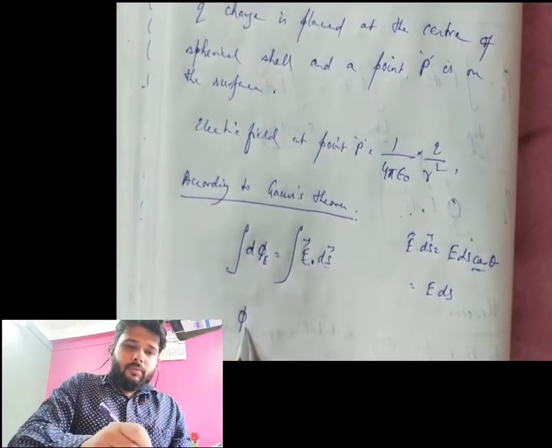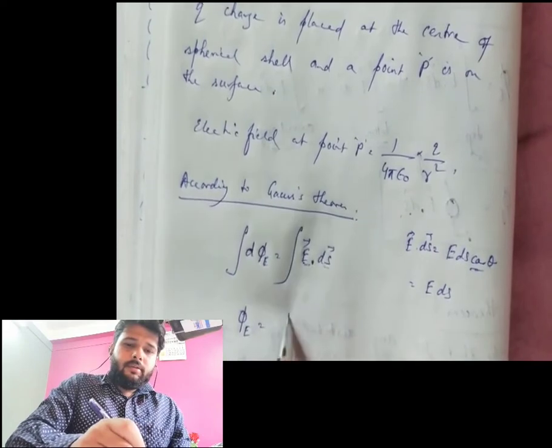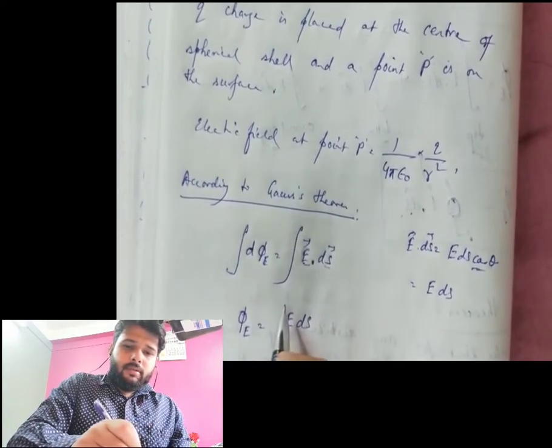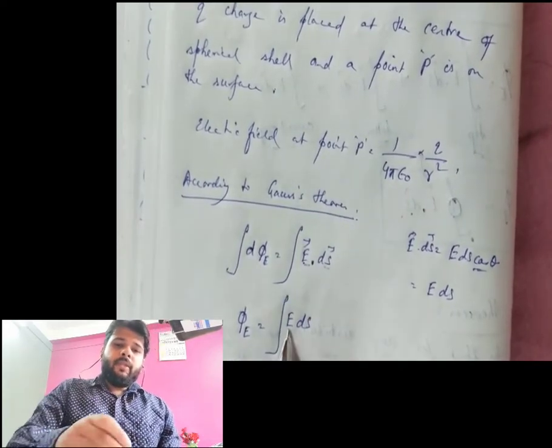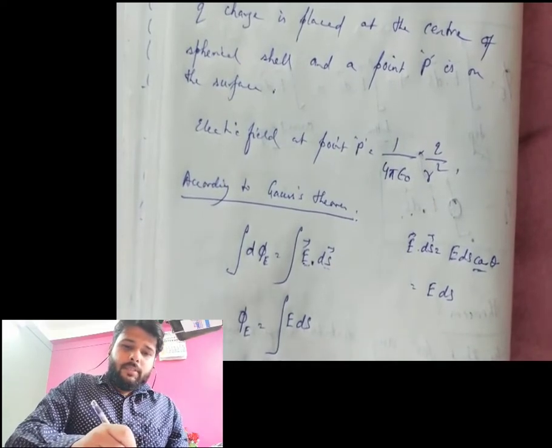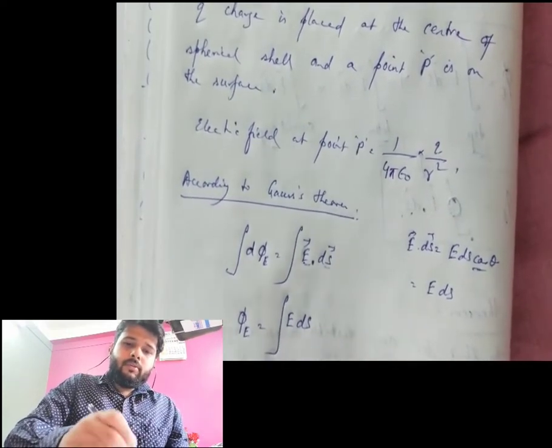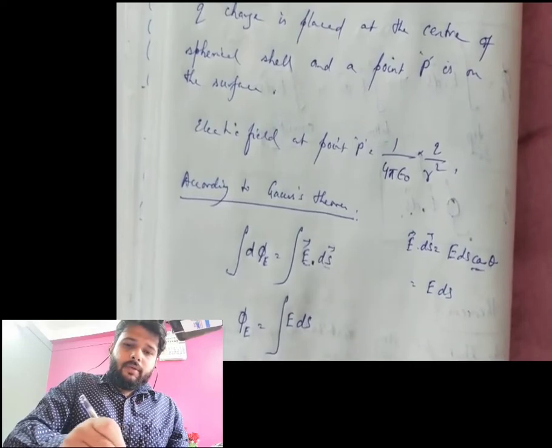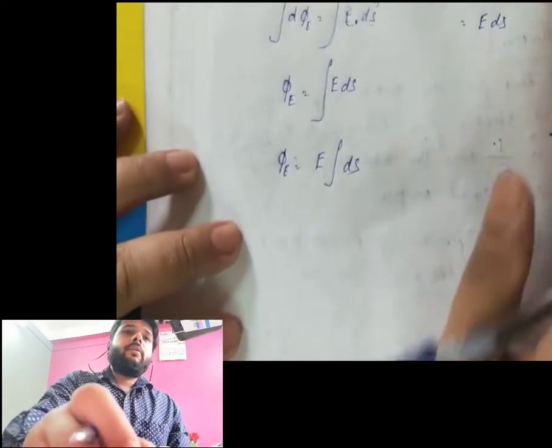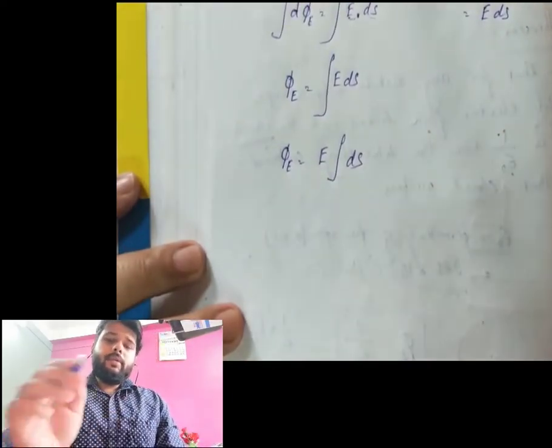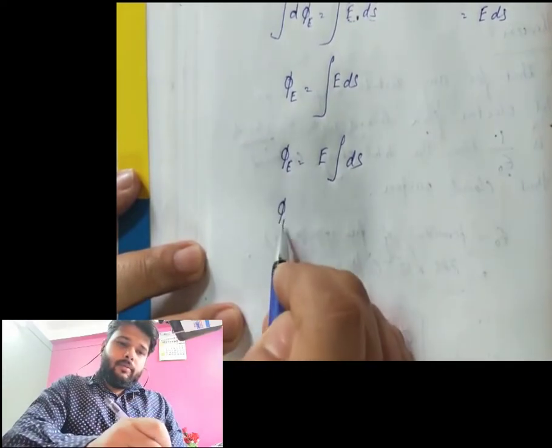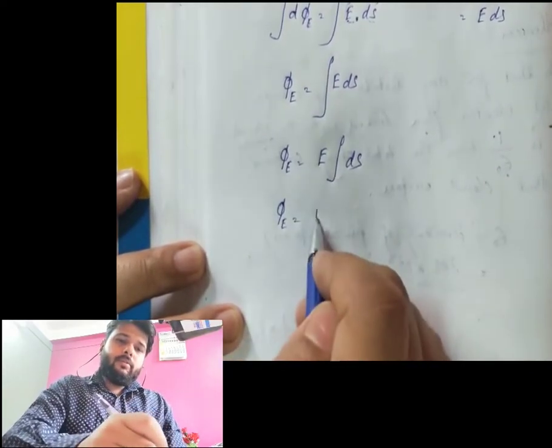So phi E is the integral of E ds. We can take E outside because E is constant, so we are going to integrate only ds.